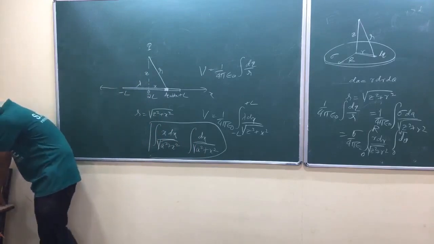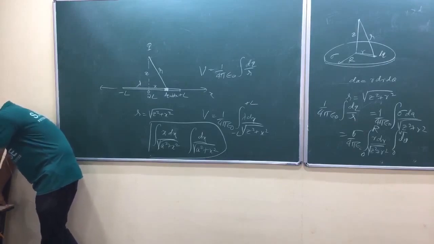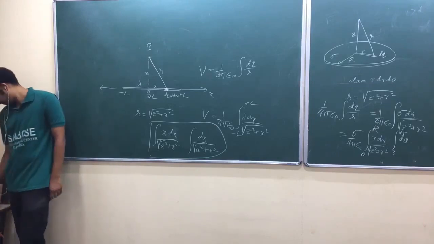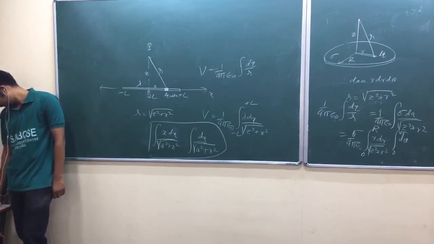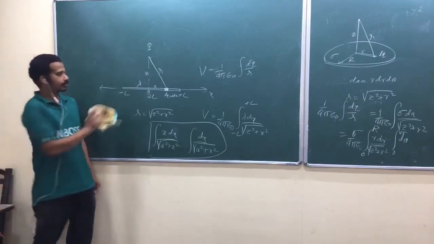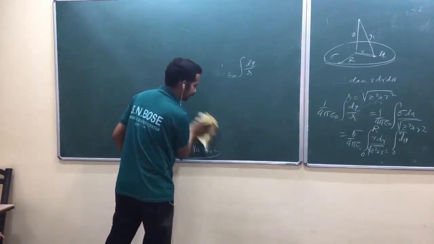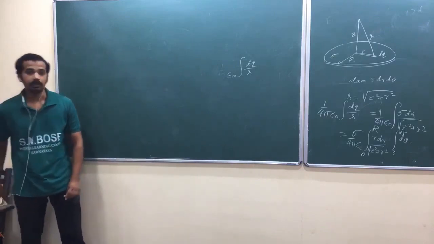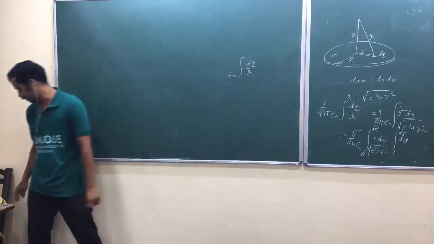2.27, wait a second. Find the potential on the axis of the uniformly charged solid cylinder at a distance z from the center. Again, you have to do that integration because you can't find the electric field that easily, because it's a finite cylinder.